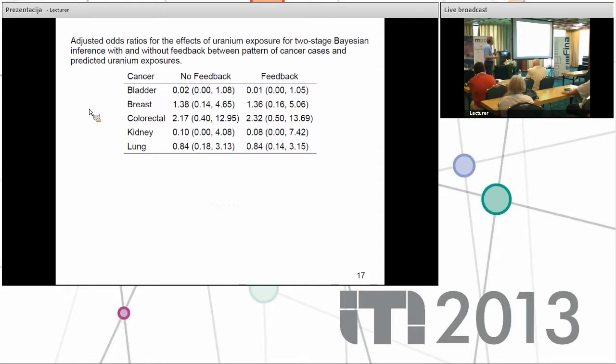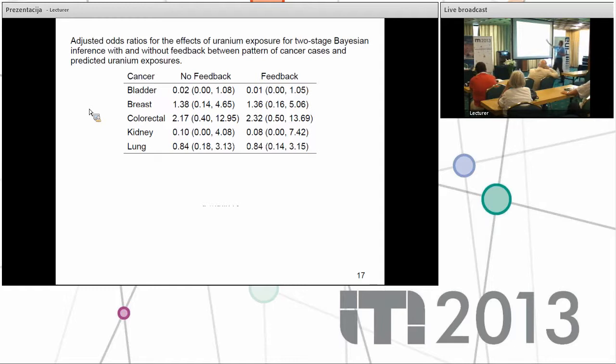And you can see they are not. Although most of the confidence intervals do, well, I guess they all do include 1, but there are some that are kind of close to some significance on the protective side, actually, more than anything for bladder cancer. Bladder cancer seems to show less effect of the radiation than the remaining ones.